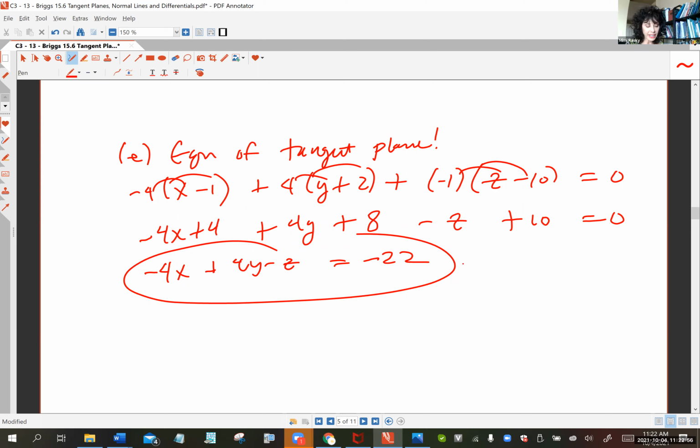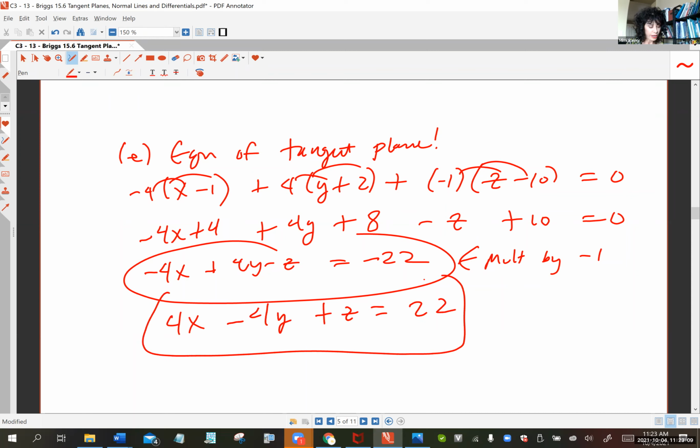There's nothing wrong with that, except I don't like so many negatives because I like to stay positive. So I multiply both sides of the equation by negative 1 just to make more of the terms positive than negative. That's how I roll. So there's the equation of the tangent plane: 4x minus 4y plus z equals 22. Fantastic.